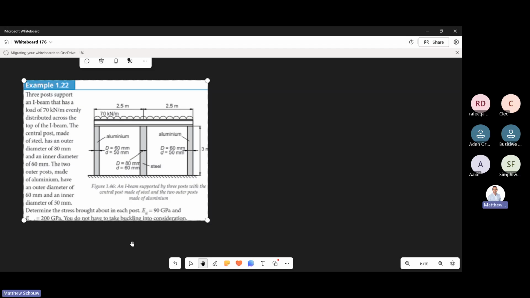Anyone? Lengths are equal. Not that, but that does help. You're adding the forces to get the total. Yes, exactly, because that 70 kilonewton per meter is being supported by those 3 posts, right?